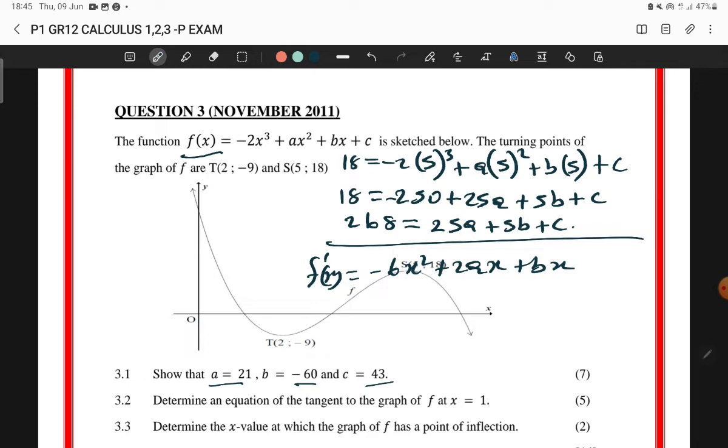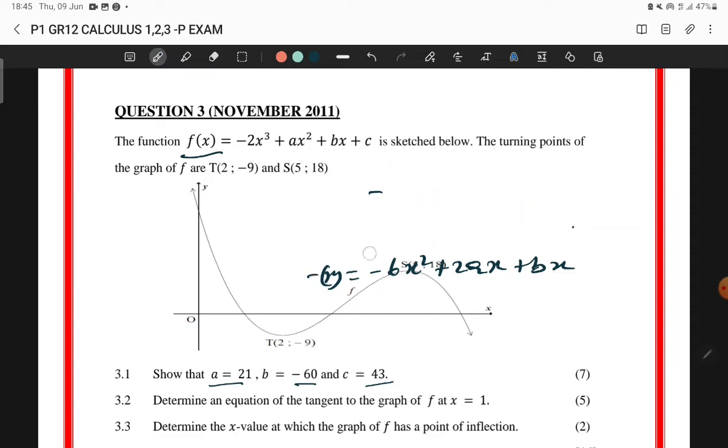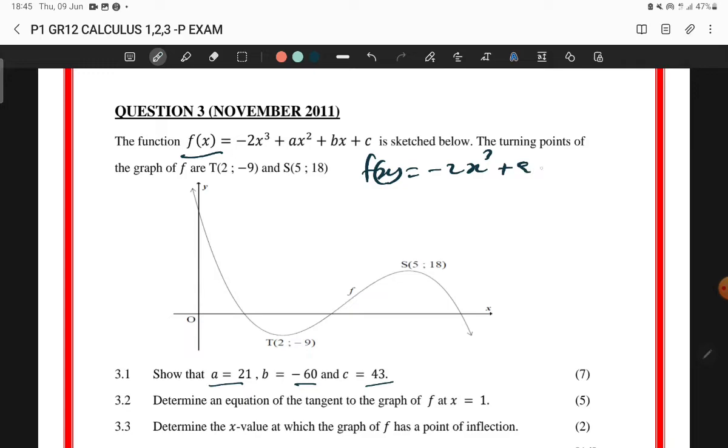Then on that note, I'm thinking of taking this one. We have f(x) equal to negative 2x cubed, plus ax squared, plus bx, plus c. So let's find the derivative here.